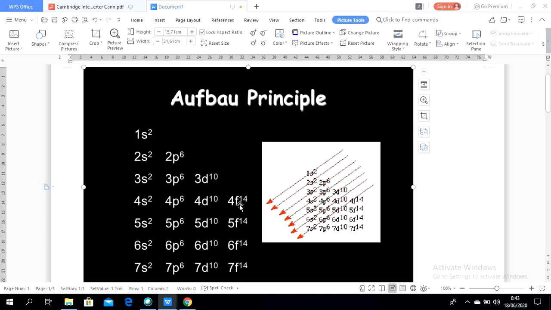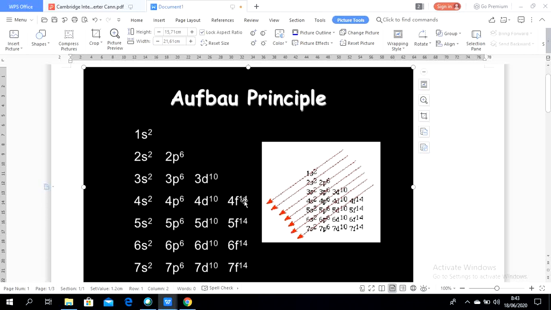The F subshell can contain a maximum of 14 electrons. And then 14 divided by 2. Why divide by 2? Because one orbital can only be occupied by 2 electrons. So in the F subshell there are 7 orbitals.